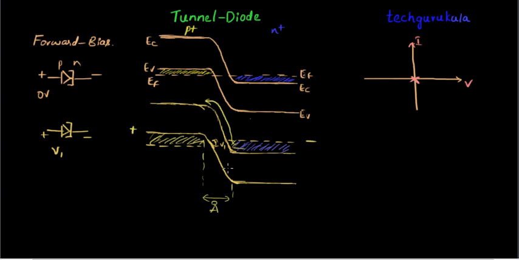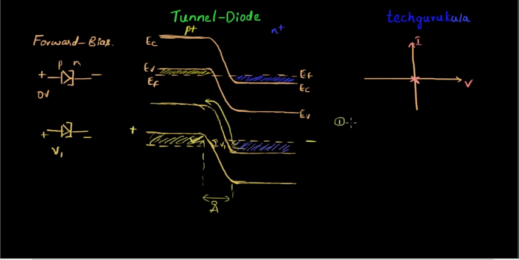So if the width is very small, and if the electron can find a vacant state at the other side of the semiconductor material, which in this case, there are vacant states in the valence band because there are holes, which are nothing but the absence of electrons. So you have states which can be filled with electrons here. So we have two conditions.